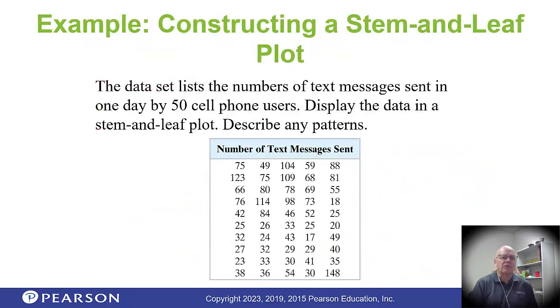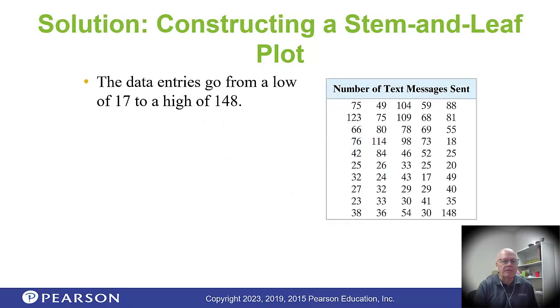Here's another data set for us to look at, and this has 50 cell phone users. We want to display that in a stem and leaf plot. And of course, at the end, describe any patterns. So here we go. The data entries go from 17, which is right there, all the way up to 148.